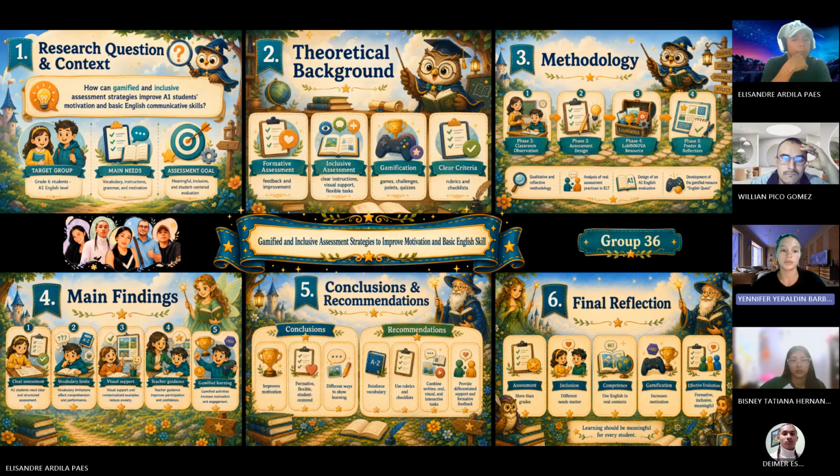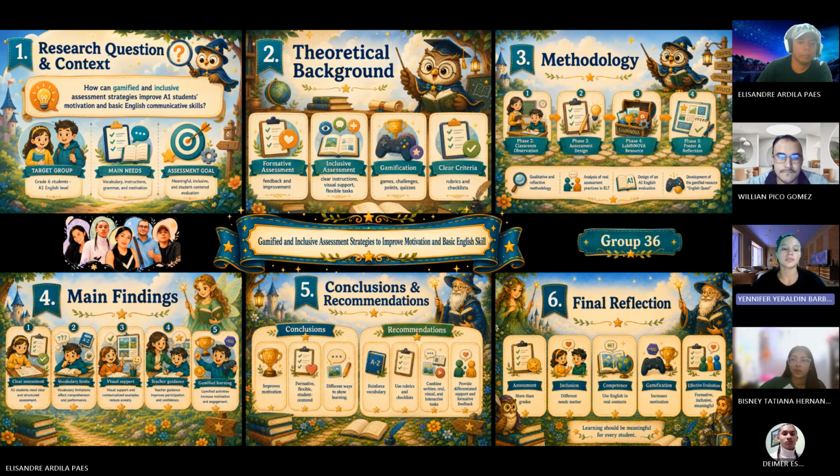The resource was designed to motivate students through gamified and interactive activities. Finally, in phase 5, we integrated all the information into a collaborative poster and reflection video. This process allowed us to connect classroom observation, assessment design, gamification, and inclusive evaluation practices.